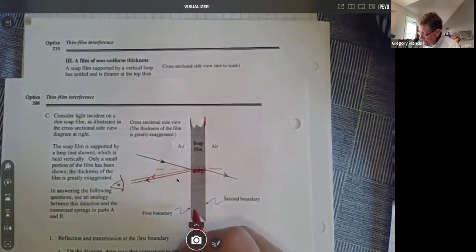So if this is some distance t or thickness t, I'm going to get a path length difference. We'll call it delta S. Path length difference is going to be 2t.